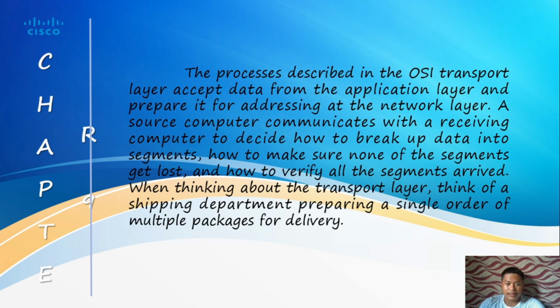The processes described in the OSI transport layer accept data from the application layer and prepare it for addressing. At the network layer, a source computer communicates with the receiving computer to decide how to break up data into segments, how to ensure none of the segments get lost, and how to verify all the segments arrive.